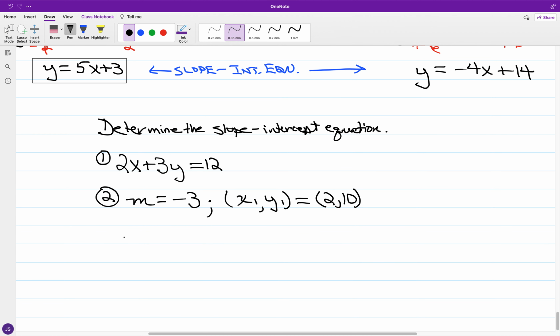So one that has a bit of an added twist. Let's say that instead of the slope being given, we have 2 points through which the line passes.